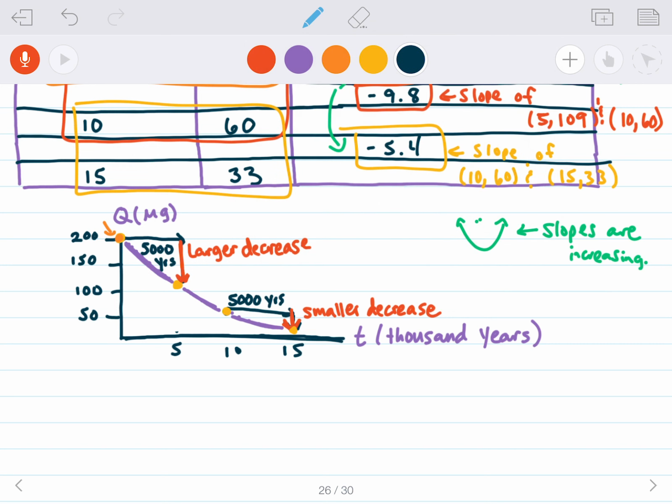So let's actually write this down. Let's kind of summarize what's happening in this graph here.